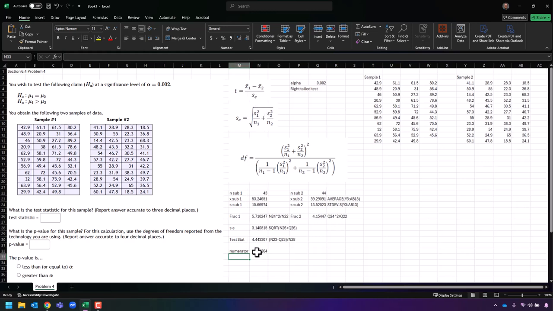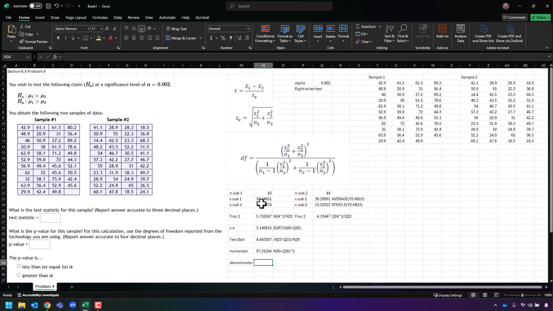Now, the denominator is a little more. There's a bit going on here. I've got 1 over n sub 1 minus 1, and then this fancy fraction and it's squared, and then 1 over n sub 2, and that fancy fraction and it's squared.